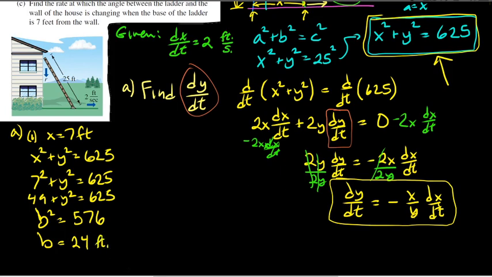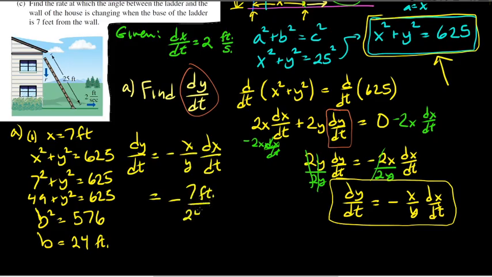Okay, so we need that because when we want to find our derivative here, we need x and y. So we were given x, that's the 7 feet. y we found is 24 feet. And the derivative of x, that was given. That was 2 feet per second. So times 2 feet per second.